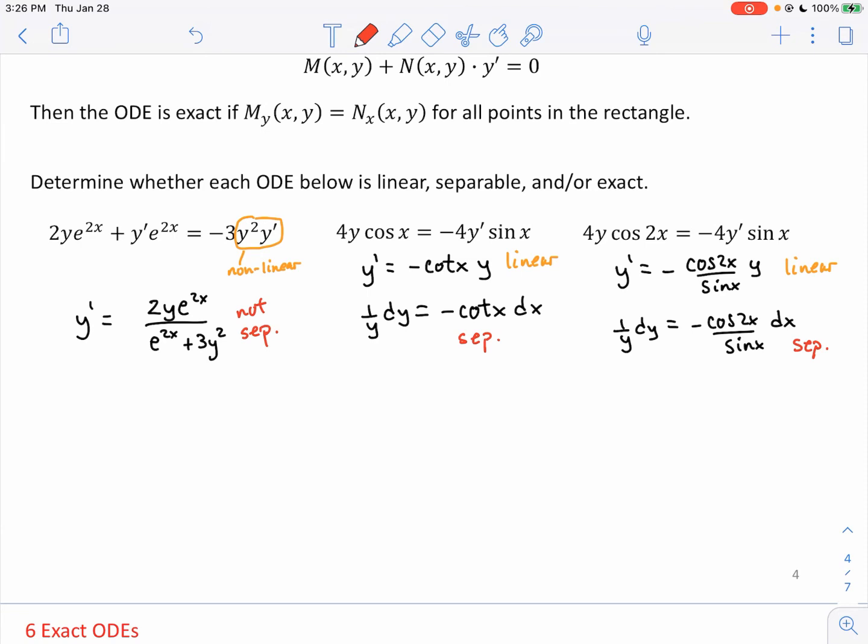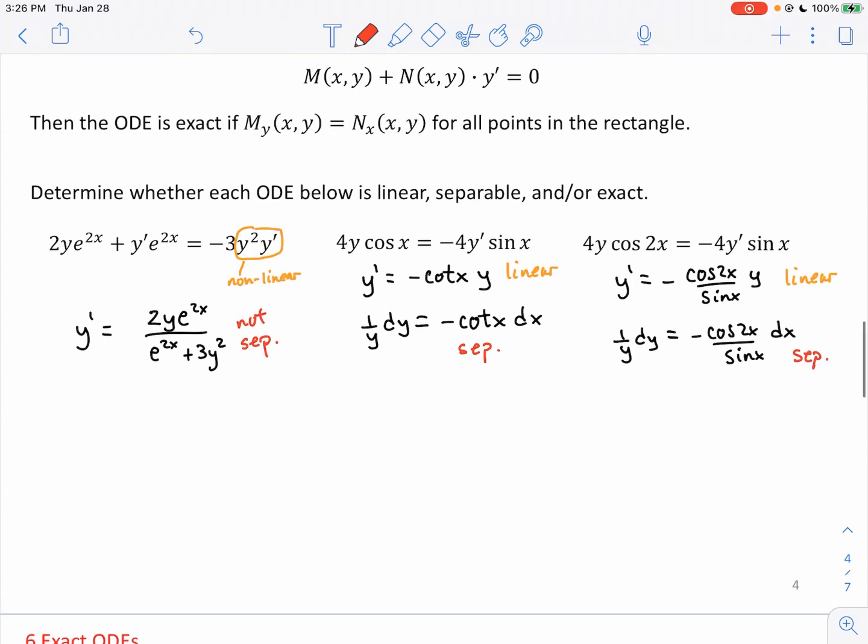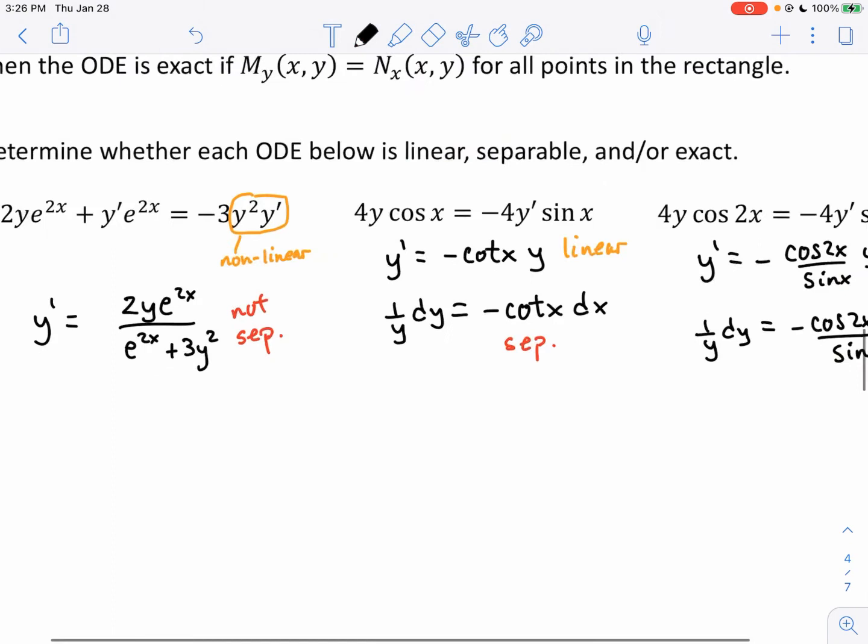And let's see which ones are exact. Now, to determine whether it's exact, you must now try to put your differential equation in this form, to get a 0 on the right side and everything else on the left side, and factor out the y prime from all the y prime terms. So we got to do that first.